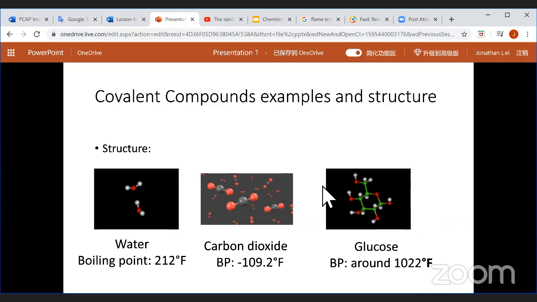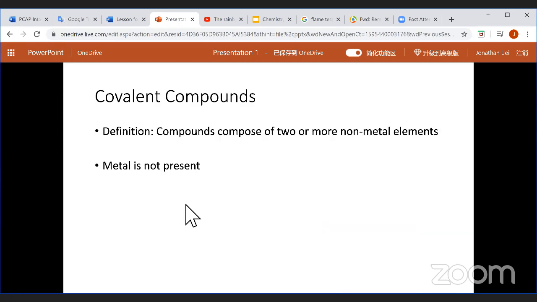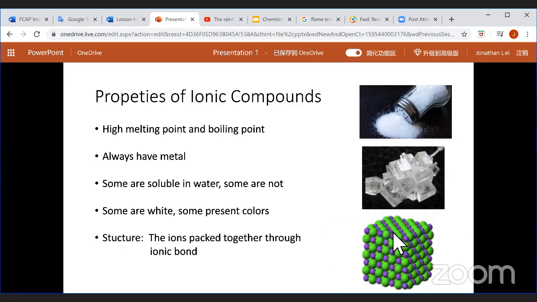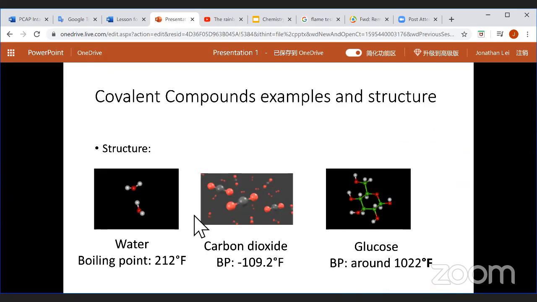So I'm also going to introduce a new term called covalent bonding. We noticed that unlike ionic compounds, where all the little circles are packed together, there are some short lines connecting the atoms, right?